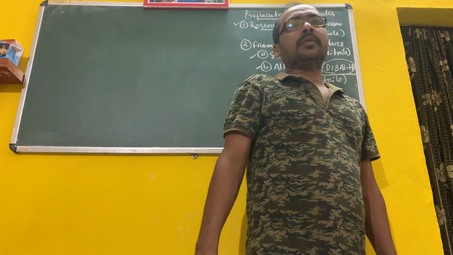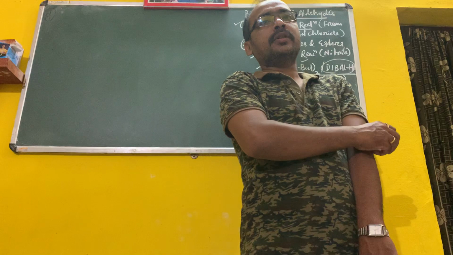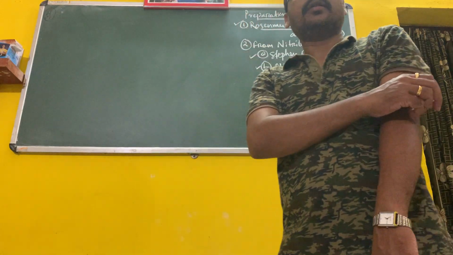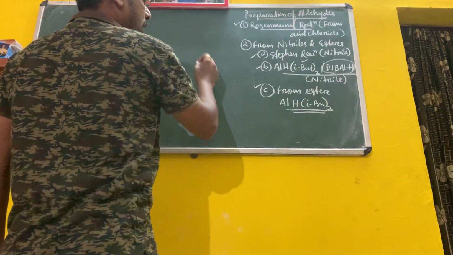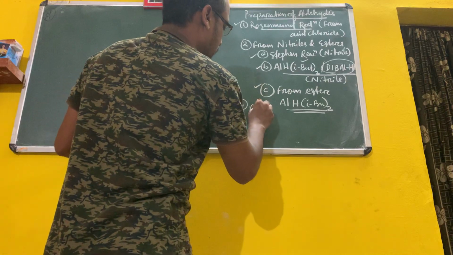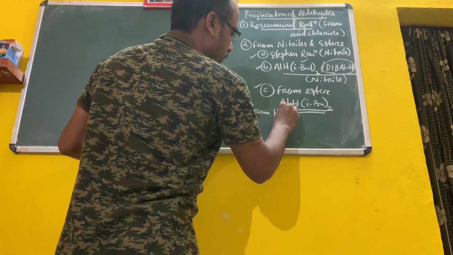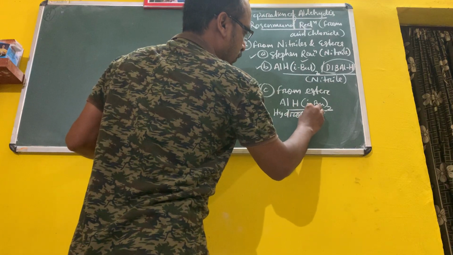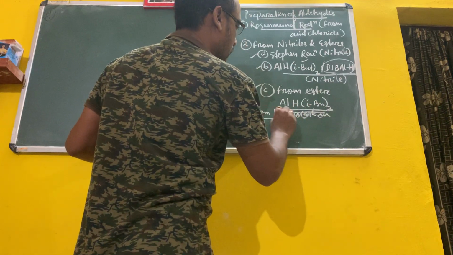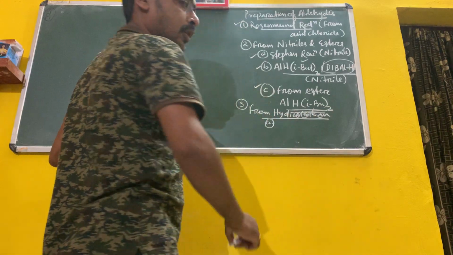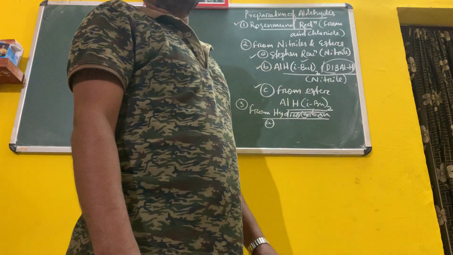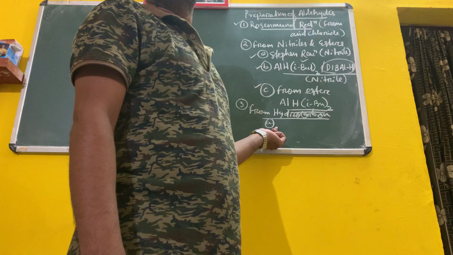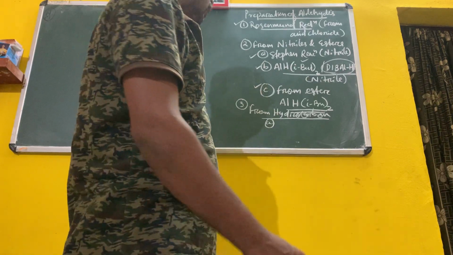Then next one is from hydrocarbon. From hydrocarbon, again there are divided into steps. First is oxidation of methyl benzene, it is 2 types: first from chromyl chloride, then second from chromic oxide.